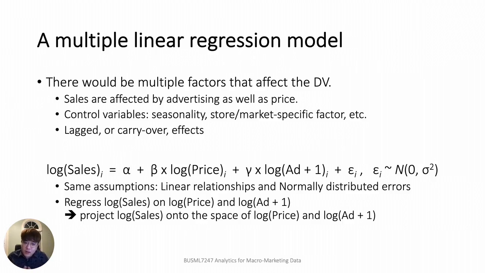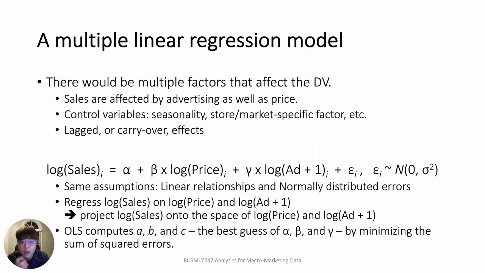That is, we are projecting the log sales onto the space made by the log price and the log ad plus 1. OLS determines A, B, and C, which are our best guess of alpha, beta, and gamma values in the same manner by minimizing the sum of squared errors.